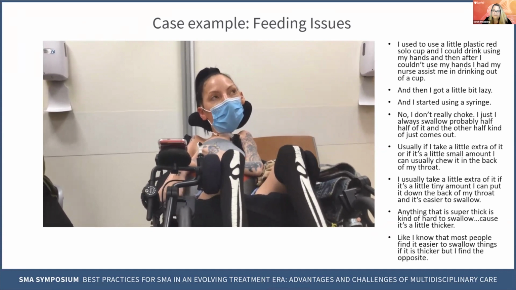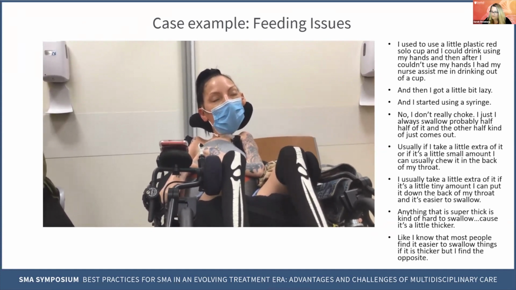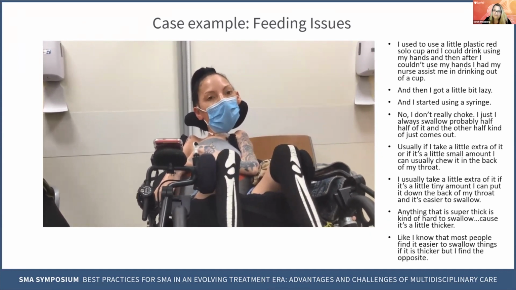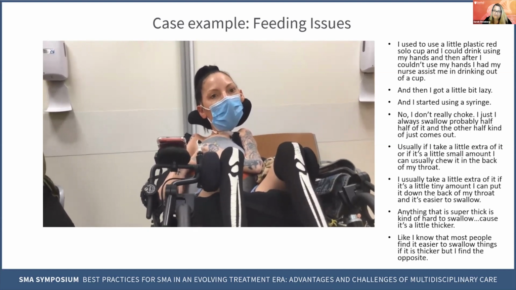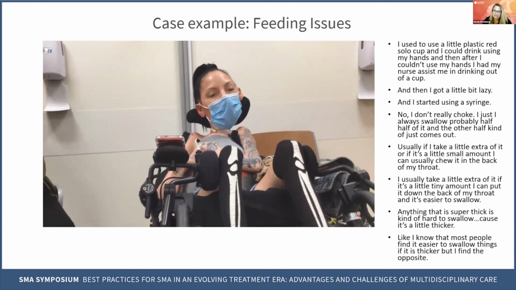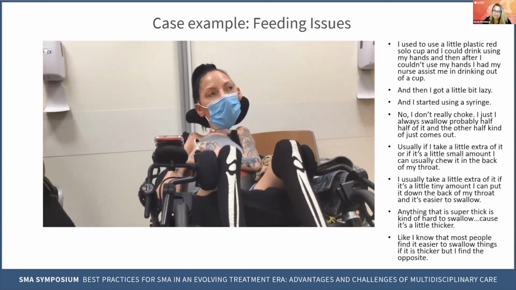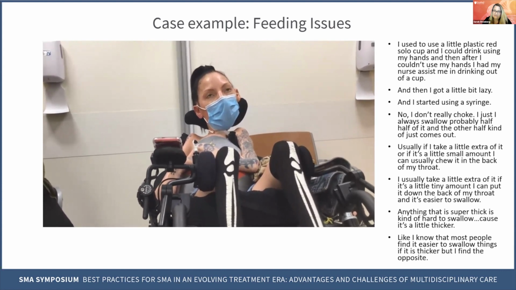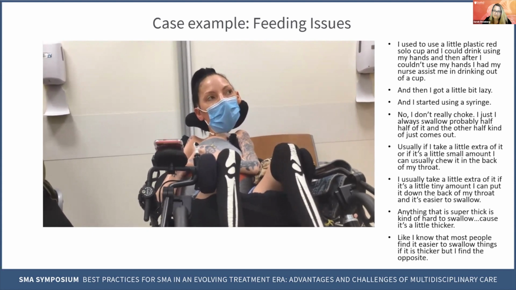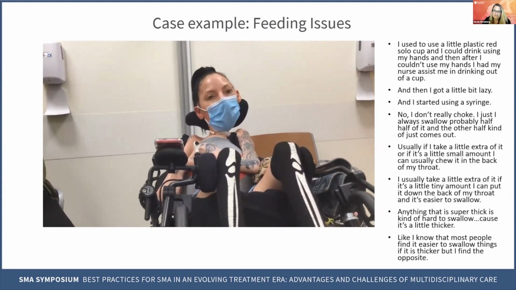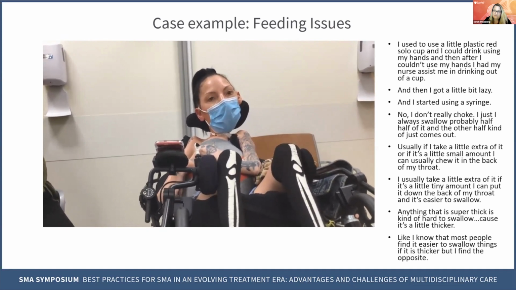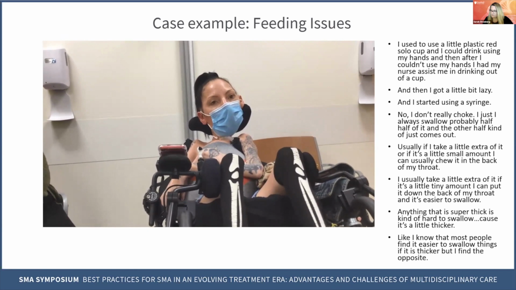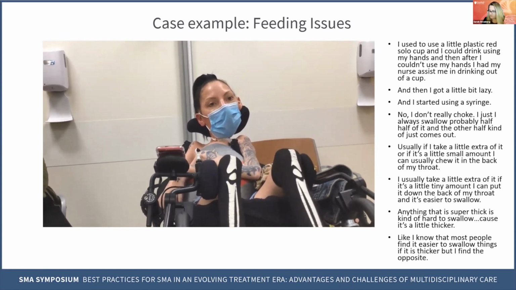And then I got a little bit lazy and I started using a syringe. Okay. Do you feel like you have any choking or coughing while you're... No, I don't really choke. I only swallow probably half of it, and the other half kind of just comes out.